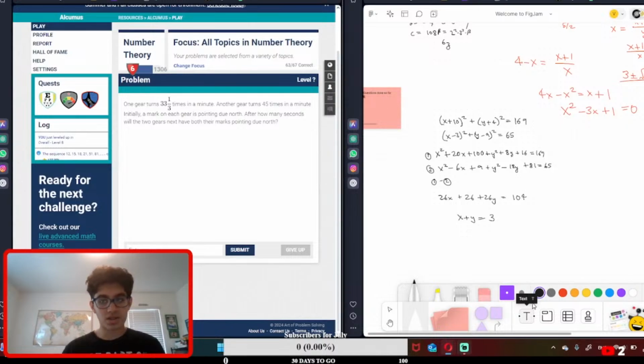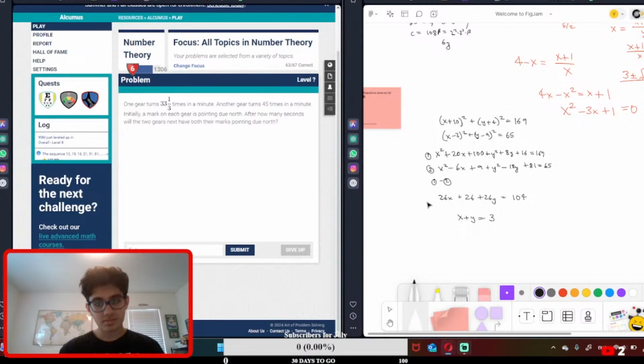Okay, so how long does it take? Let's see. So how long does it take each of them to do one turn? Right, like 60 seconds, and you're taking 33 and one third turns in 60 seconds.